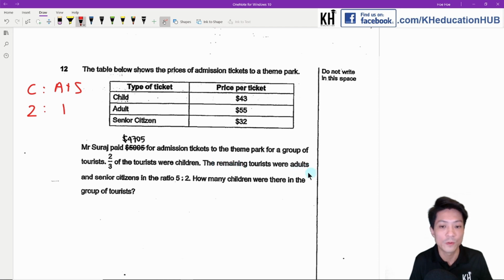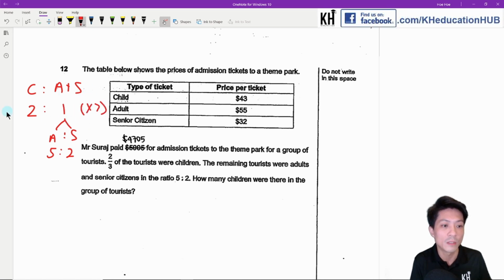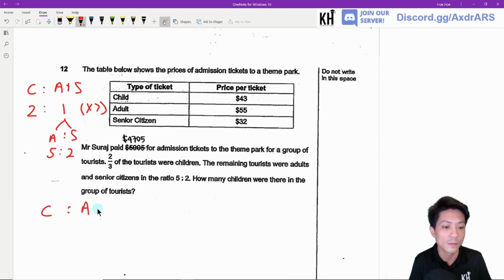The remaining tourists were adults and senior citizens in the ratio of 5:2, so adult to senior citizen is 5:2. I need to multiply by 7 to this whole ratio, which means that the ratio of children to adult to senior citizen will be 14:5:2.